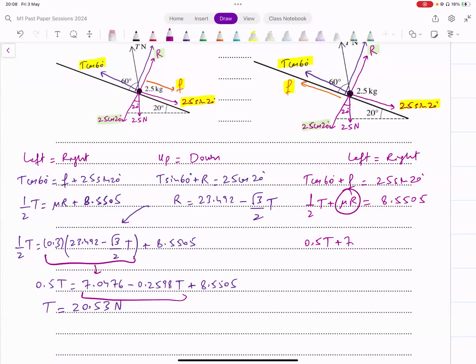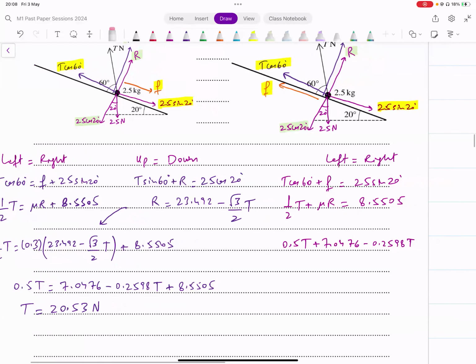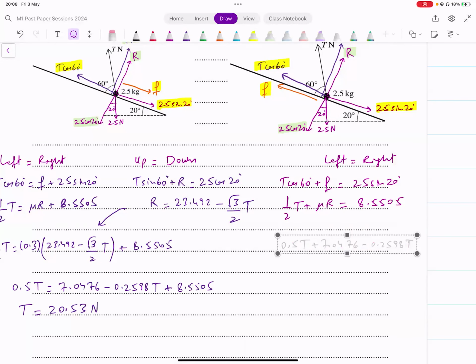0.5 t plus 7.0476 minus 0.2598 t. Right? We've done all of these calculations on the left side already, so we can just use them rather than doing them all over again, as long as you've done them correctly and not made any careless error. On the right side, you've got 8.5505.